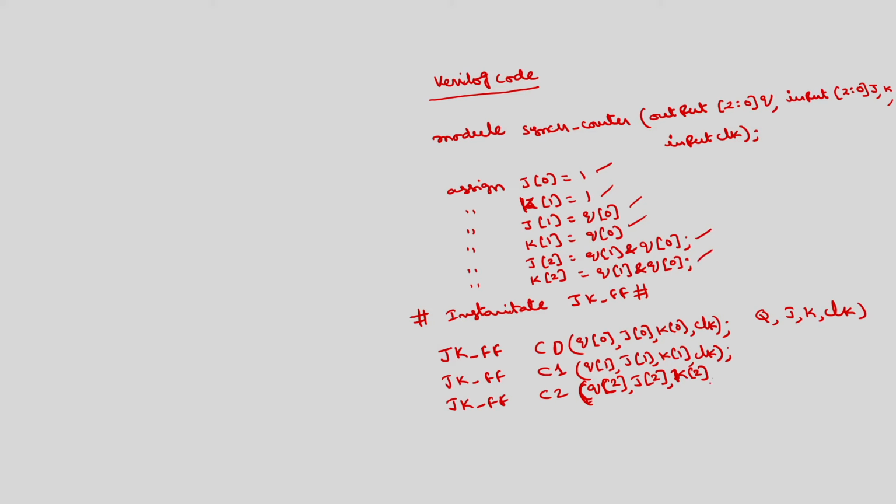Q1, Q0, comma clock. So this is how you can obtain a synchronous counter by instantiating the Verilog code of JK flip flops.